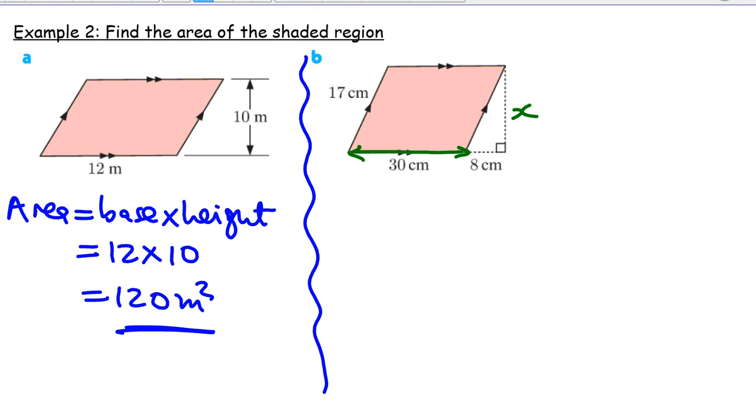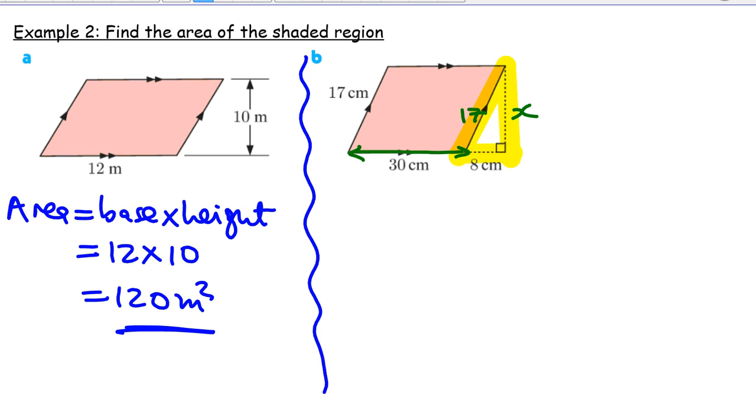Then we'll have to apply Pythagoras theorem because this length here is 8, but the other end, the slanting height, is 17, and the height is x. So we are just going to focus on this triangle here to try to figure out what the height of this parallelogram is.